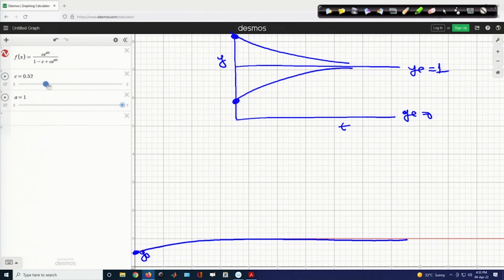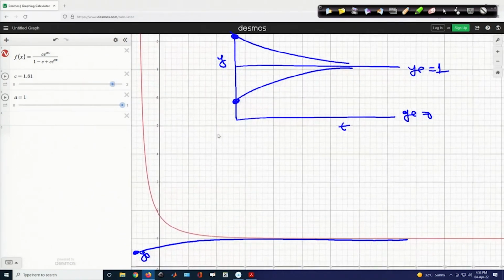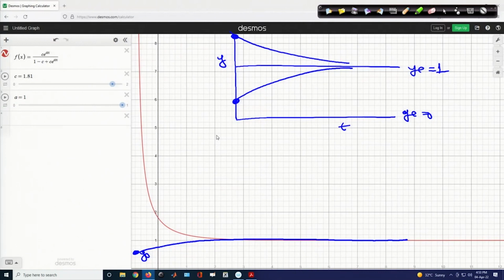Well, you simply increase this here and you see what you get. Now, my initial population was larger than the equilibrium population, in which case I come down asymptotically to this limit.